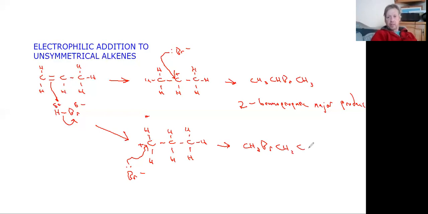And I've often said that organic chemistry, a lot of it is really just about copying things out and changing one thing at a time. So of course this is 1-bromopropane. And that's the minor product, while the other one is the major product.